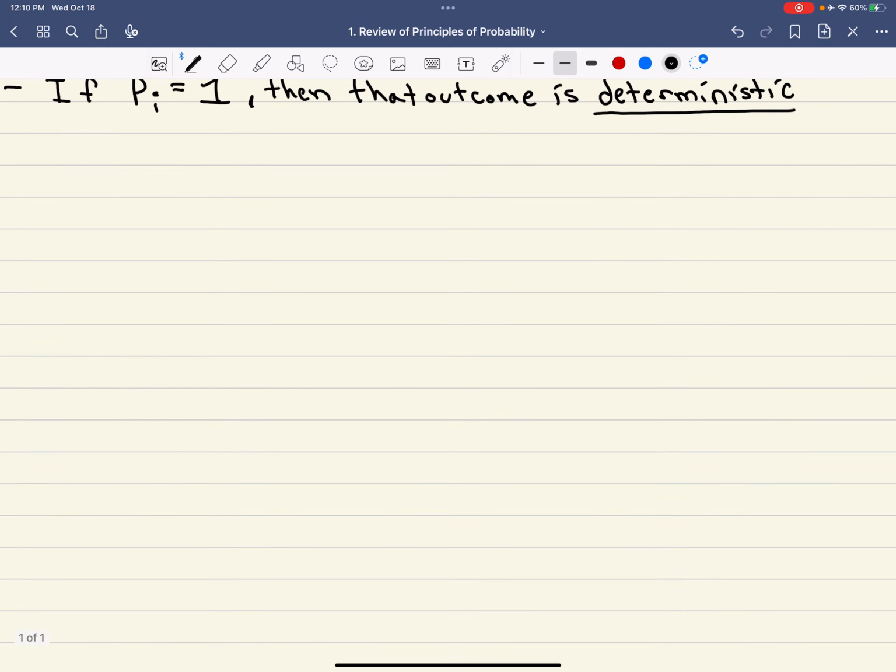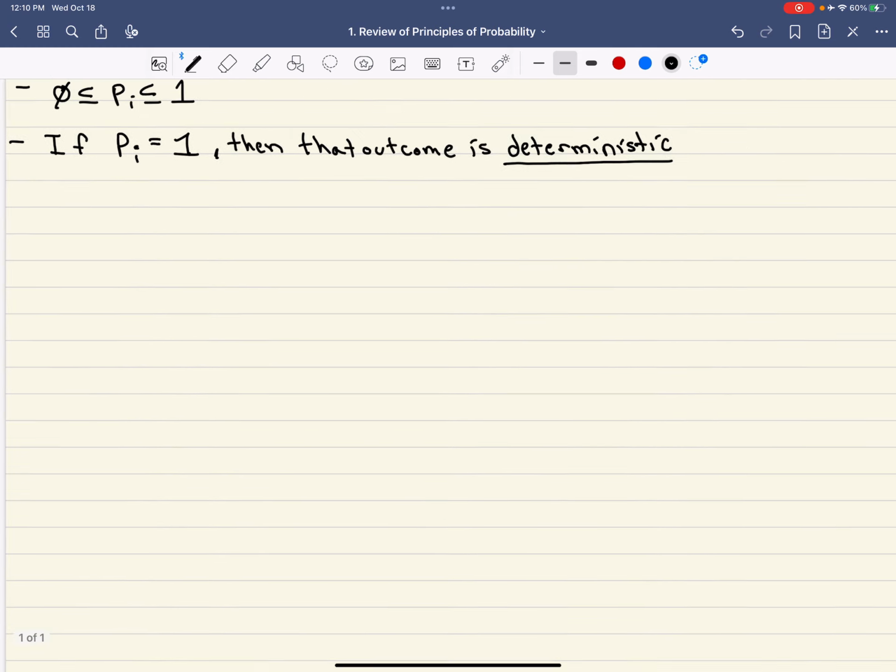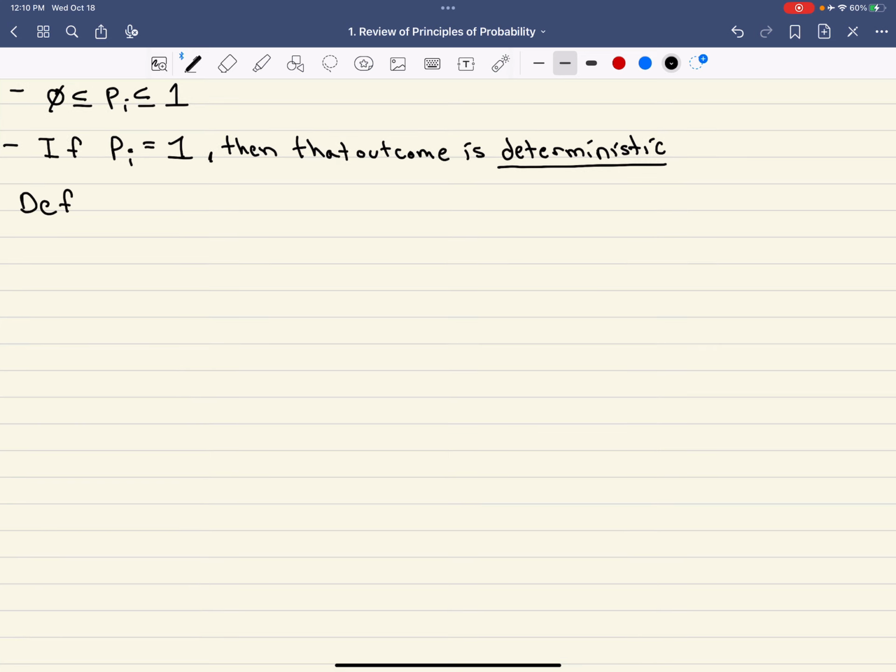Some other important definitions that are going to be central to understanding the upcoming discussions are the description of something being mutually exclusive. That just means that the occurrence of one type of outcome precludes the occurrence of any other type of outcome.